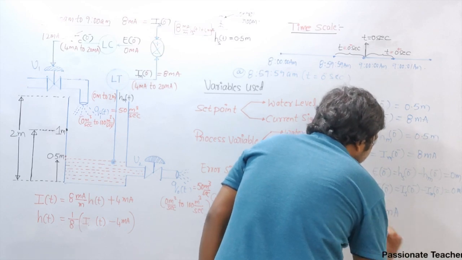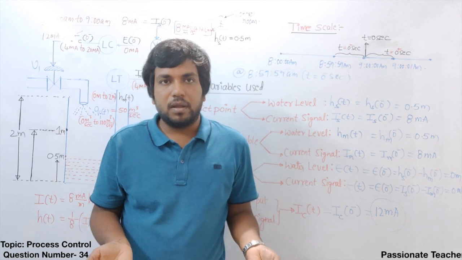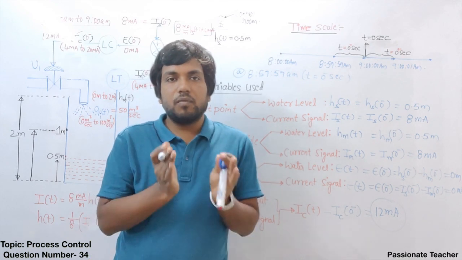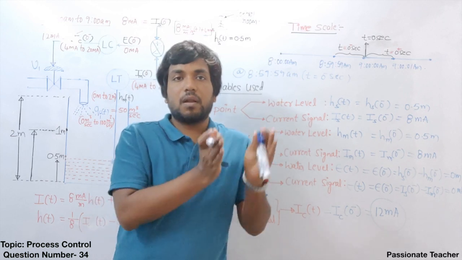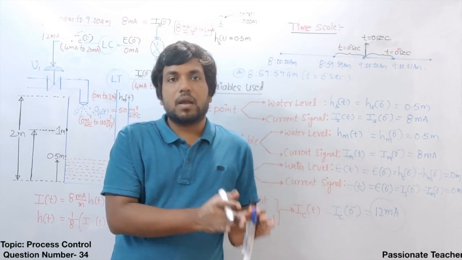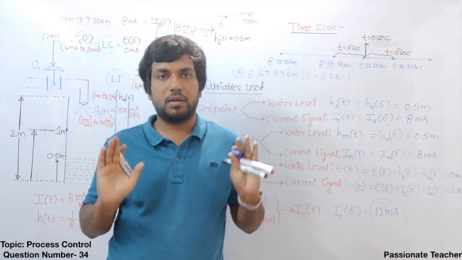So here we can write this as 12 milliampere current. This is the current we are getting even when there is no error, right? This current that we get in the absence of error is called the controller offset or controller bias or controller output with zero error. Clear?